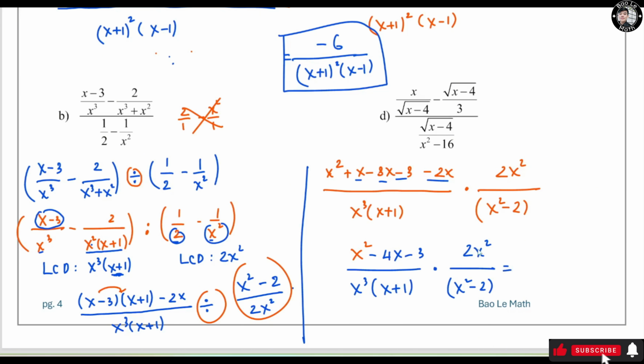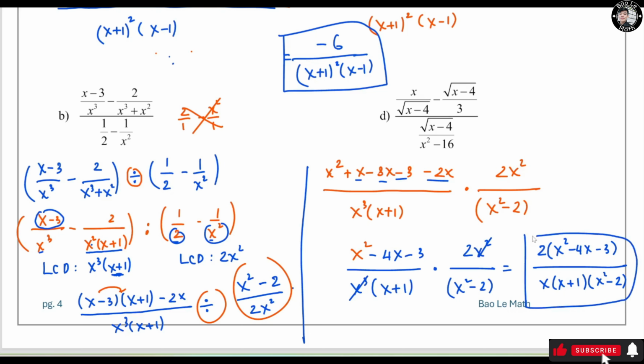Now we're going to simplify s² and s³ over here, gone, right? So the top should be 2 times (s² − 4s − 3), right? Over the bottom should be s times (s + 1) times (s² − 2), right? This one is the final answer, right?